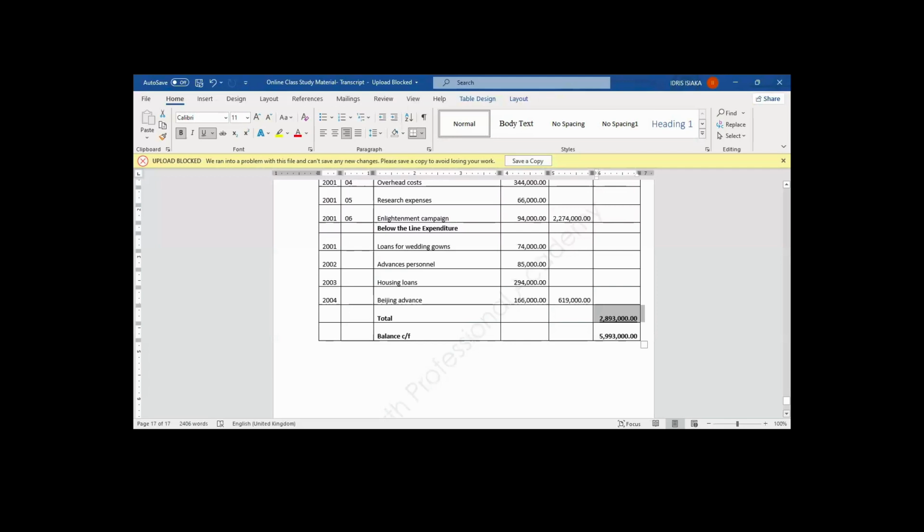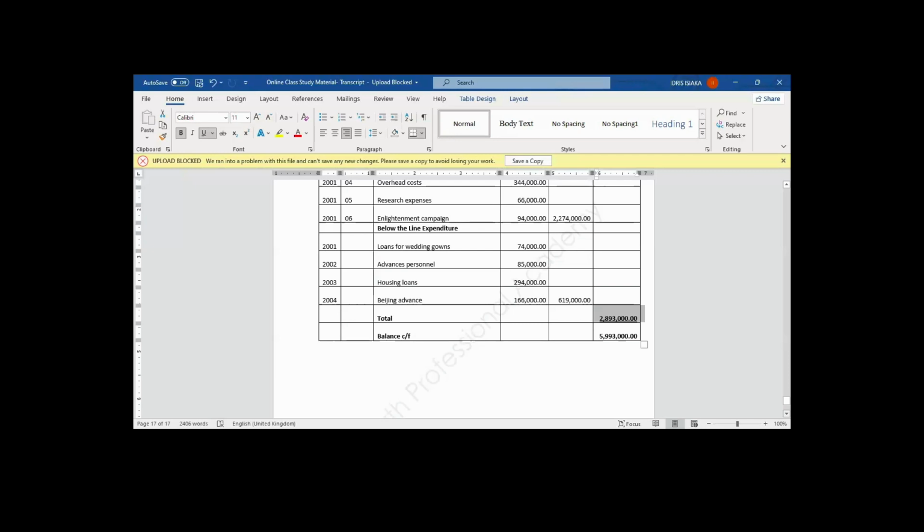Anything that has to do with loan, advance, they are below the line. Anything that has to do with repayments, they are below the line. Advance, loan, deposits, they are below the line. It's possible in most of the cases, but in most cases, the examiner will like to separate it because they know that students will be confused.